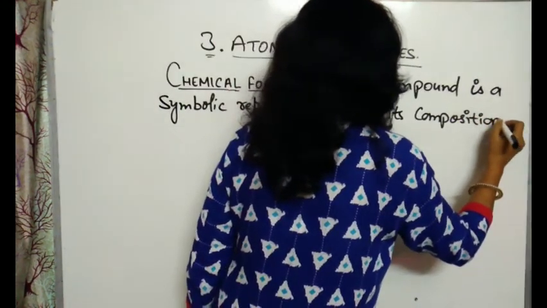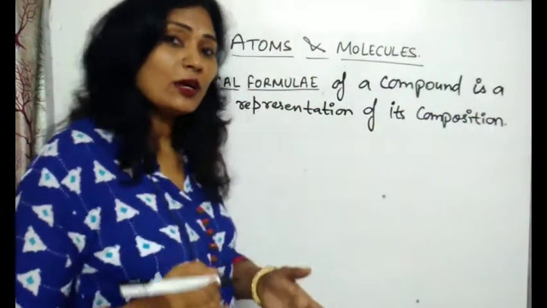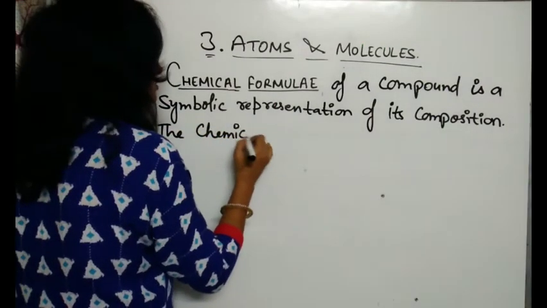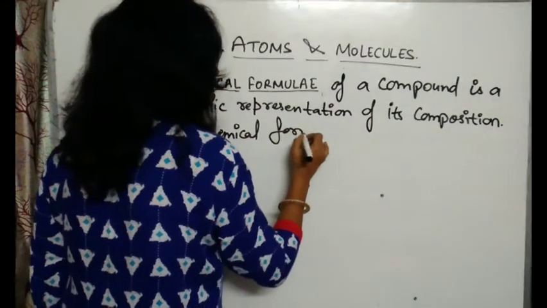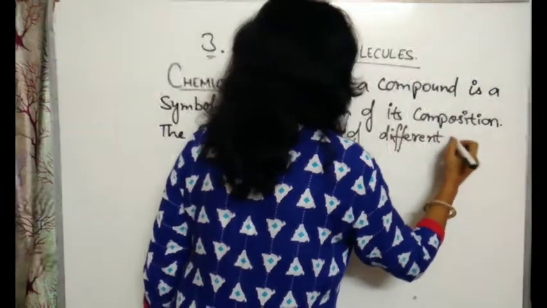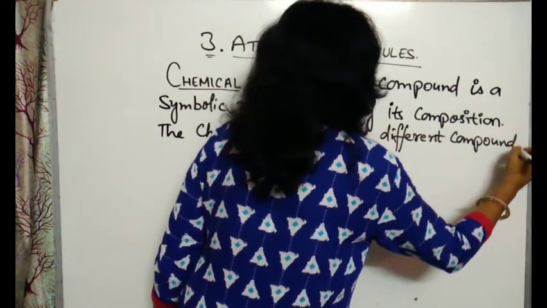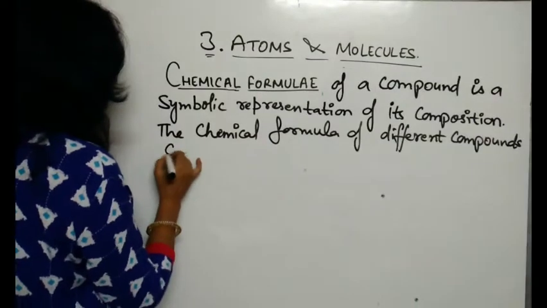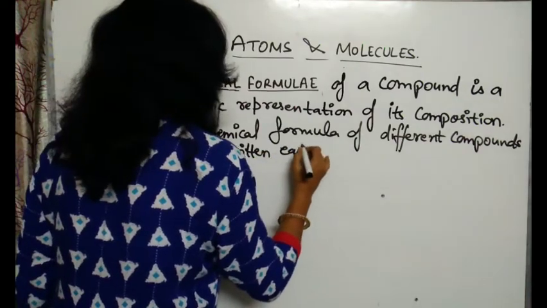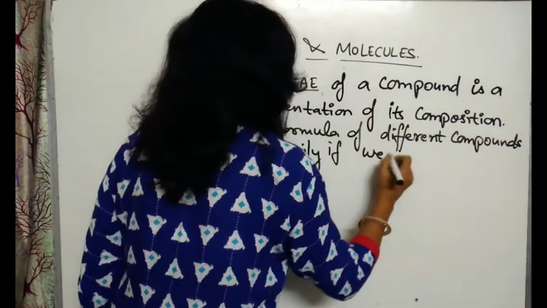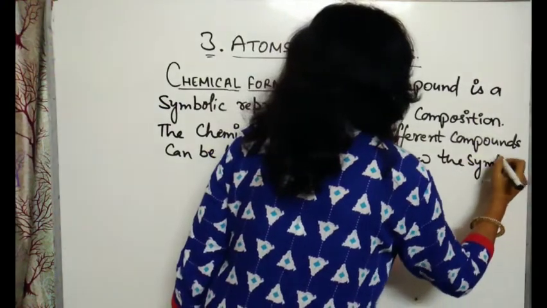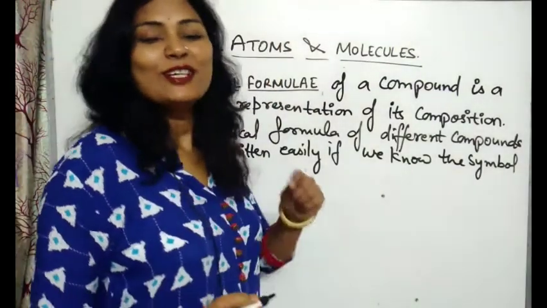The chemical formula of different compounds can be written easily if we know the symbol and combining capacity.